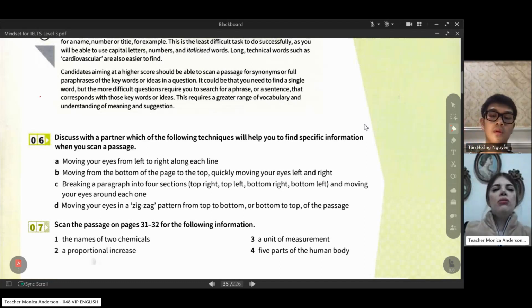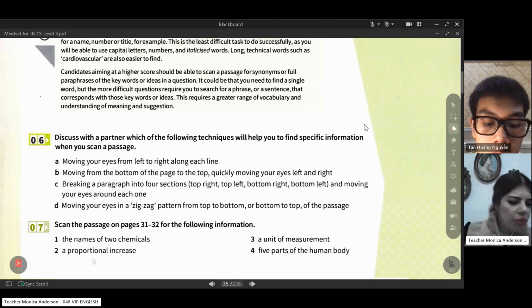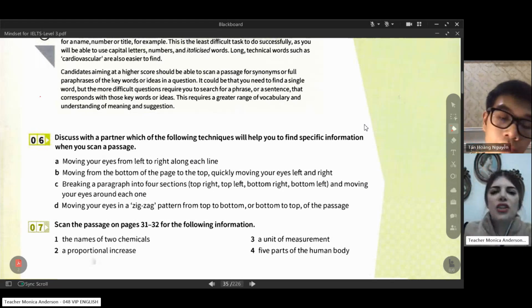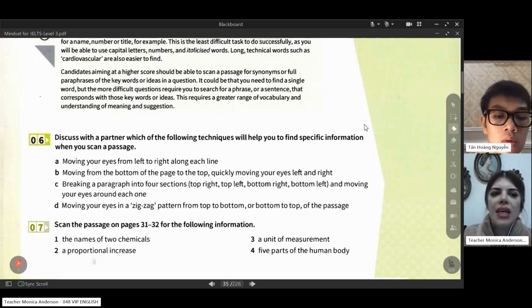Sometimes you move from the bottom of the page to the top, and you move your eyes left to right. Sometimes you break paragraphs into four sections, top right, top left. All these methods can be helpful.